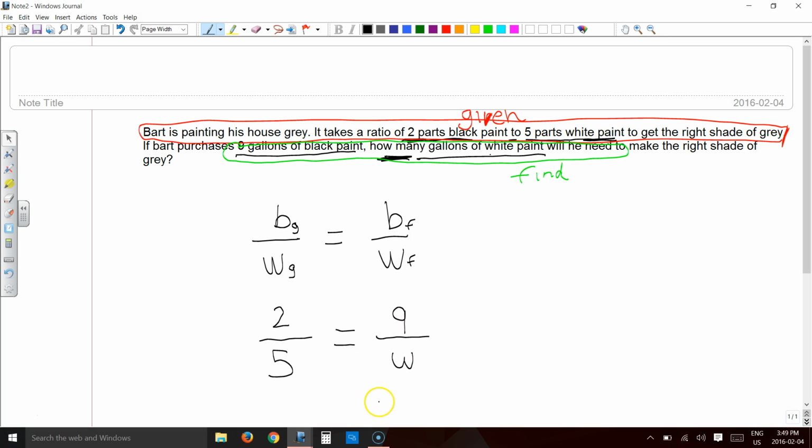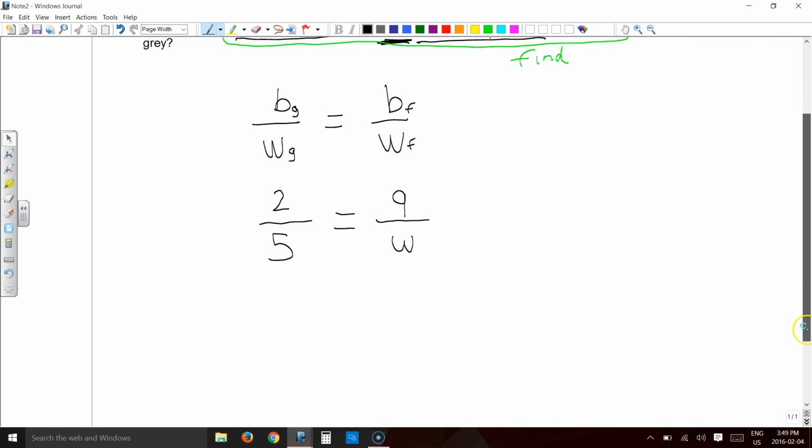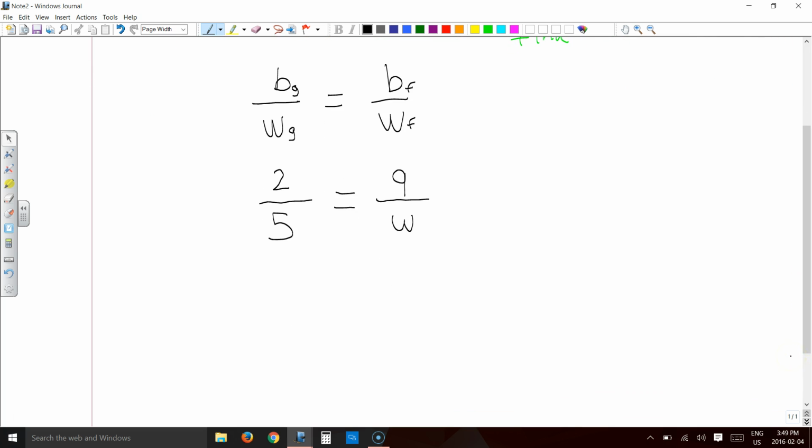To solve this, we're going to use our cross multiply and divide strategy that we've shown you in previous videos. I'm simply going to look for the variable and look across on an angle. That is going to be our divisor. So the 9 and the 5 are going to be our multipliers. Cross multiply and then divide looks like this.